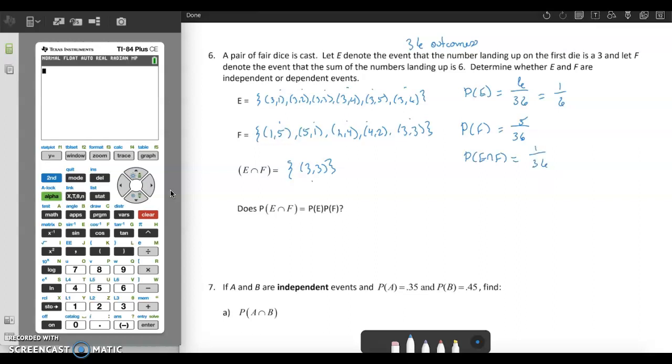So let's check. Does the independence formula check out? If these are independent, then the probability of that intersection is supposed to equal the probability of E multiplied by the probability of F. So does 1 out of 36 equal 1/6 times 5/6? Oh sorry, that's 5 out of 36.